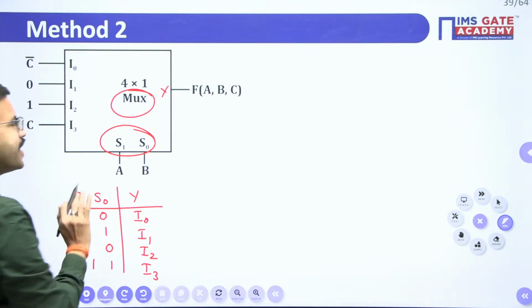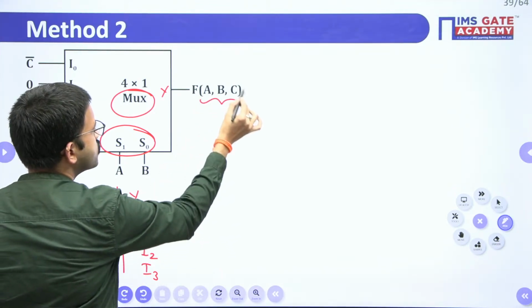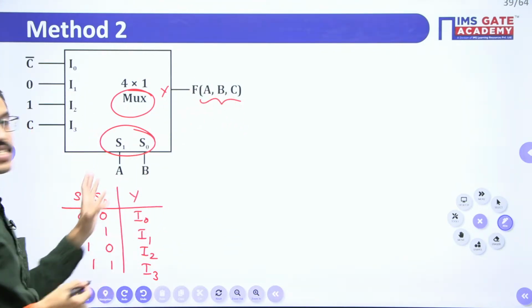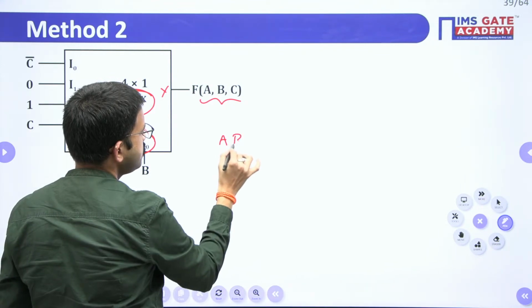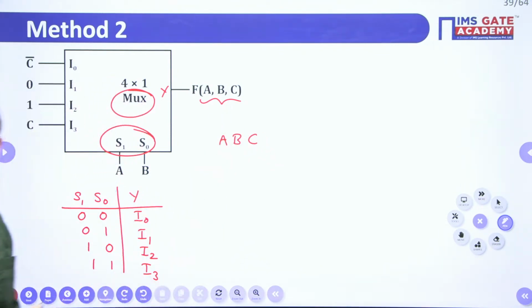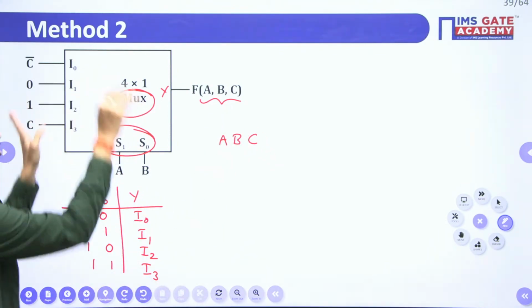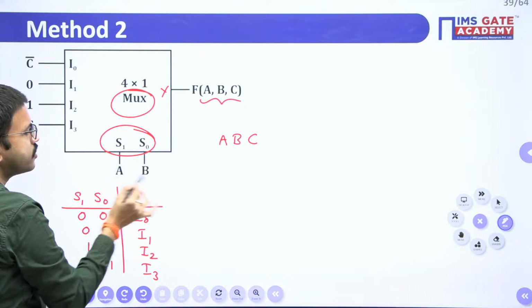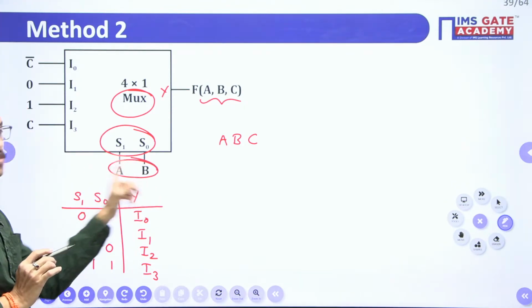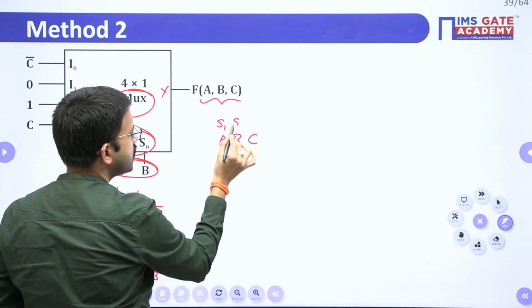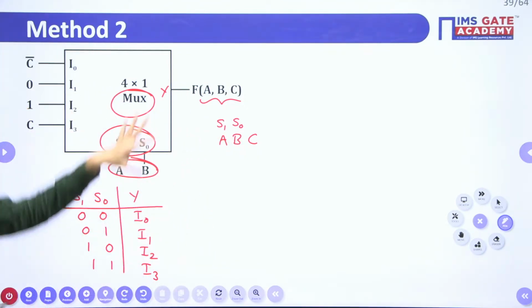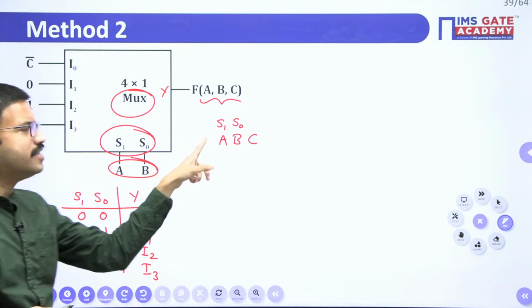Now, regarding this question, we have to represent the output in sigma m form. So first write the variable order as it is. You are having 3 variables A, B, C. Now, according to the given mux, S1, S0 are what? Selection lines. On top of AB, just represent the selection lines S1, S0. According to this circuit, your AB are the selection lines.